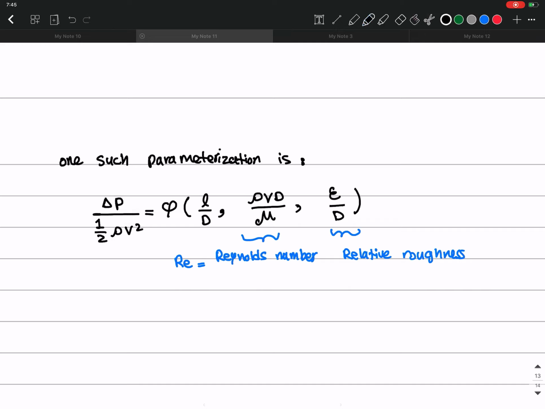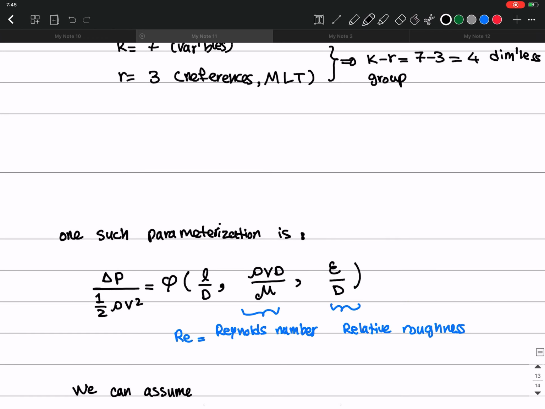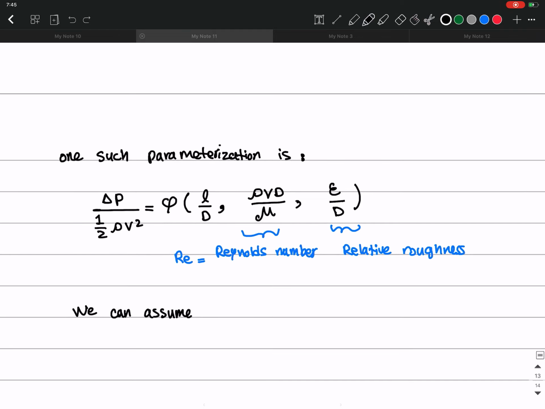This comes again from the Buckingham Pi Theorem. I just summarized it and didn't go through all the steps, but you can go through it and derive this.